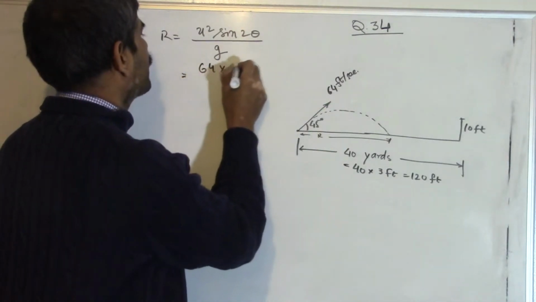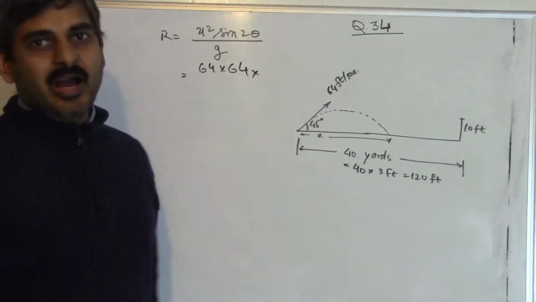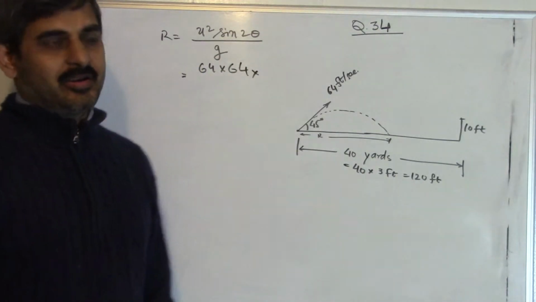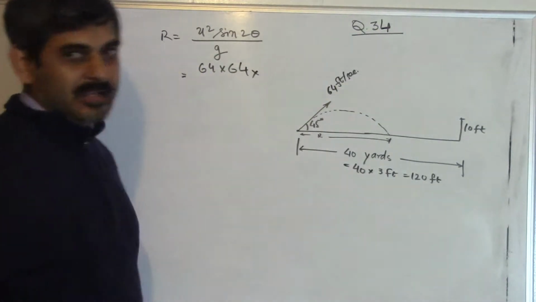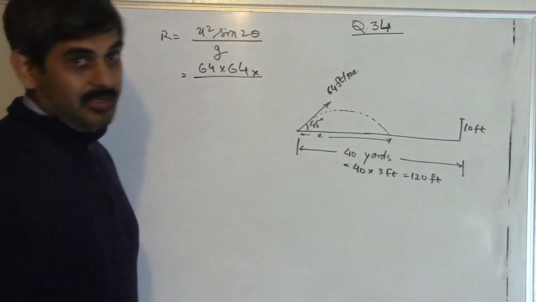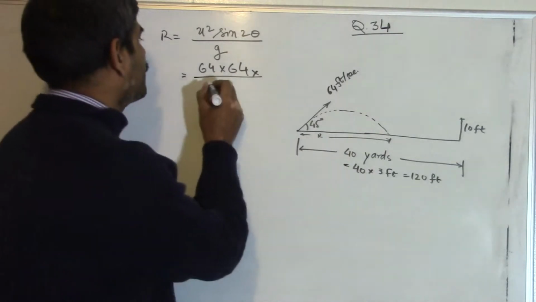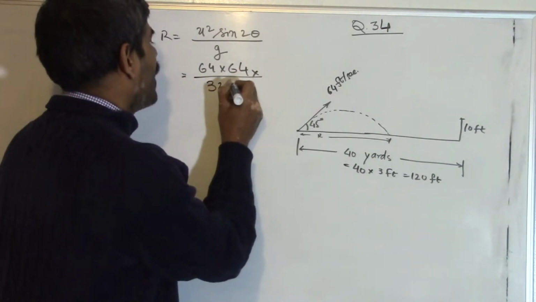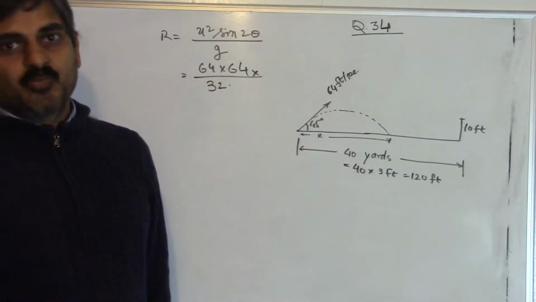Sine 2 theta is sine 90 degrees, or 1. He's already shooting for the maximum range. Now g is in feet per second square, which is 32.2. I will keep it 32 for simplicity.